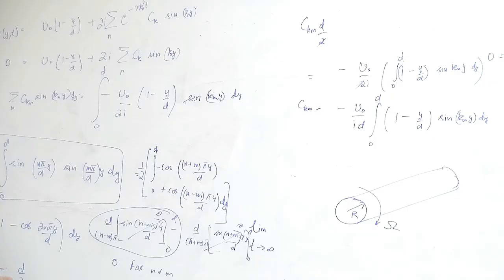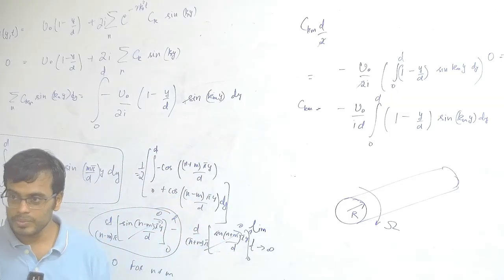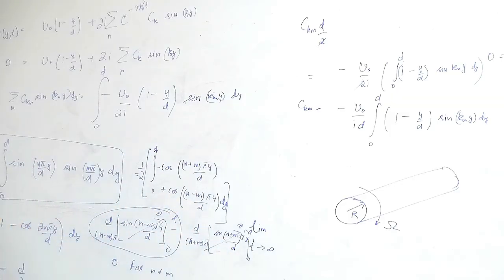The fluid is outside, but the fluid is not going all the way to r equals 0. Fluid is restricted to r greater than capital R. There is an external length scale that is imposed, and that is the length scale of capital R. That is the main catch here.